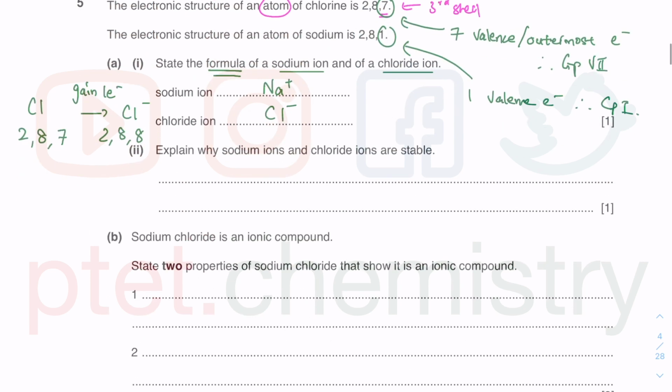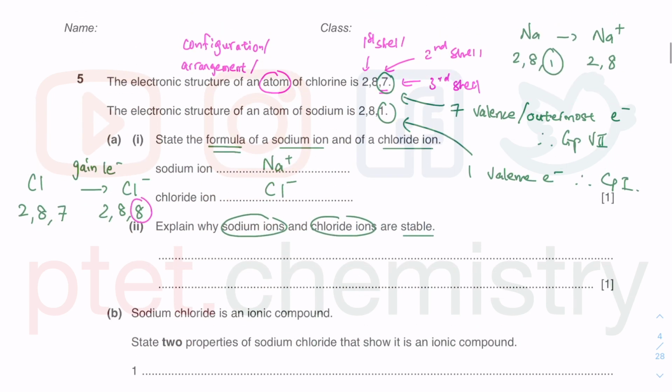This is a recurring example of the type of questions that always come out. They're asking you why the sodium ions and chloride ions are stable. You got to focus on the outer shell. We talked about the outer shell just now. What is the purpose of gaining 1 electron here? Why not 2 electrons? Why do we lose 1 electron and not any other number? Because this was in group 1, so it wants to complete the outer shell by losing these outer shell electrons.